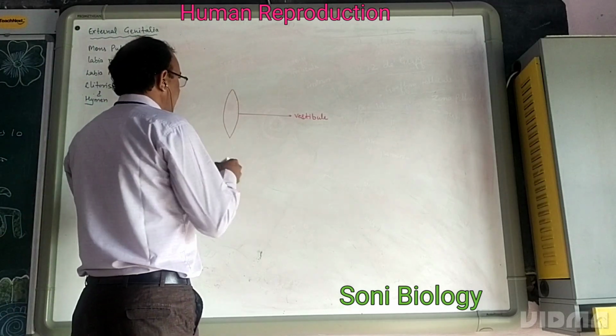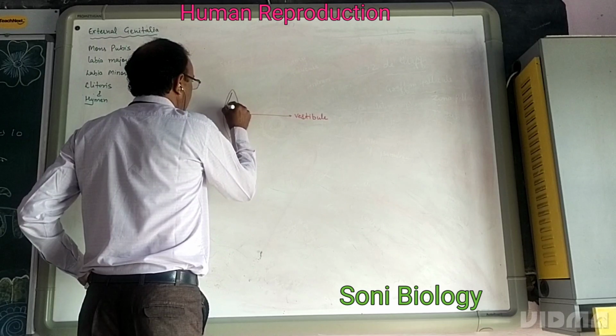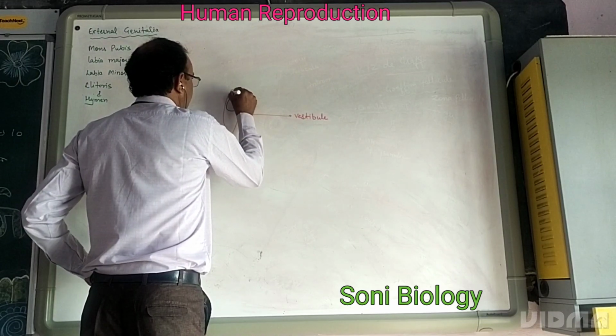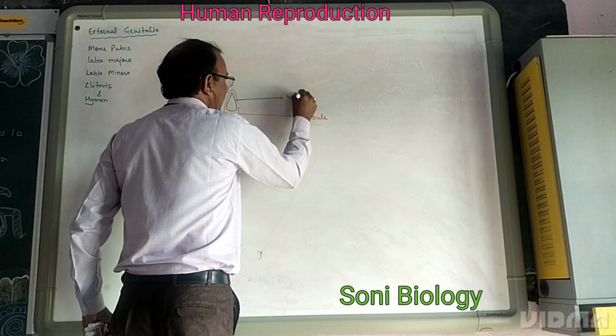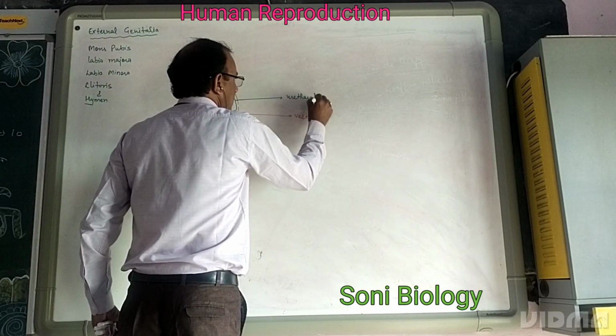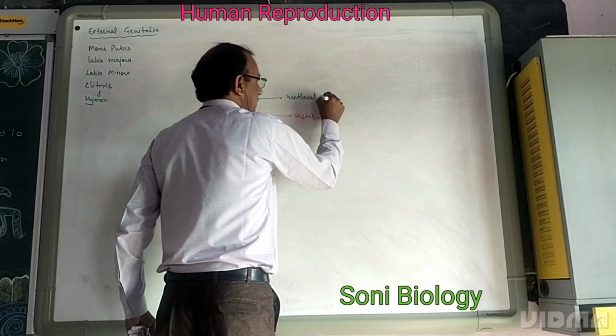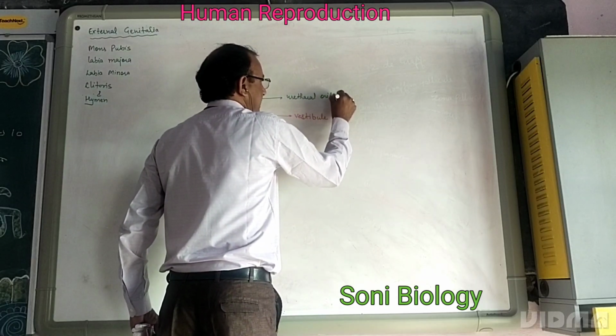One is on the upper side, and this upper side is called urethral orifice, or urethral opening.